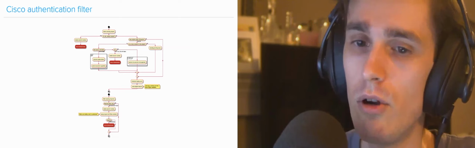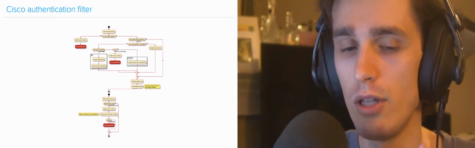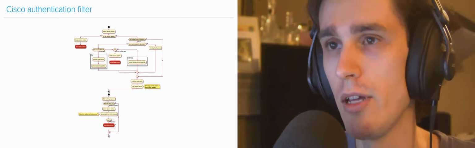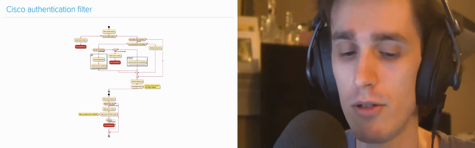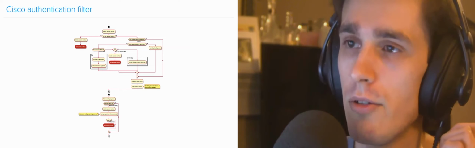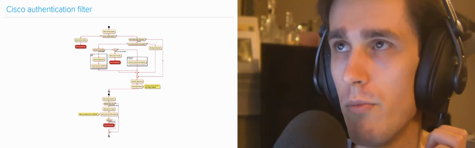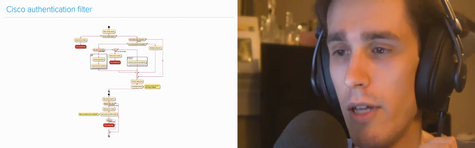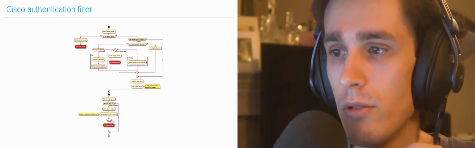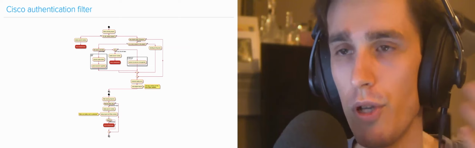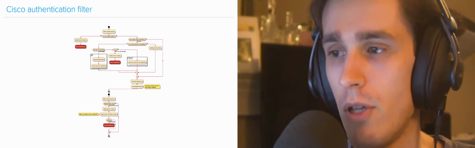That way, all the auth is contained in its own separate place. The filters are kind of like an interceptor, and they're able to deal with requests before they go out and responses after they come in.